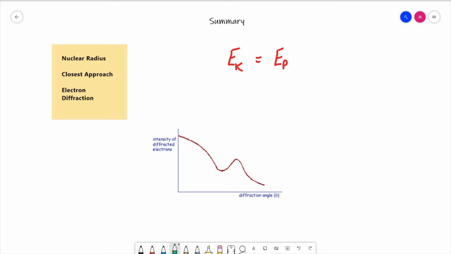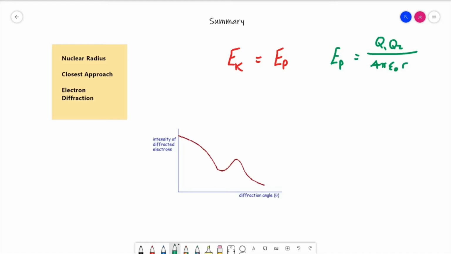And remember that from our electric fields topic, potential energy between two charges is Q1 Q2 over 4 pi epsilon naught r. From that methodology we also briefly discussed the limitations.